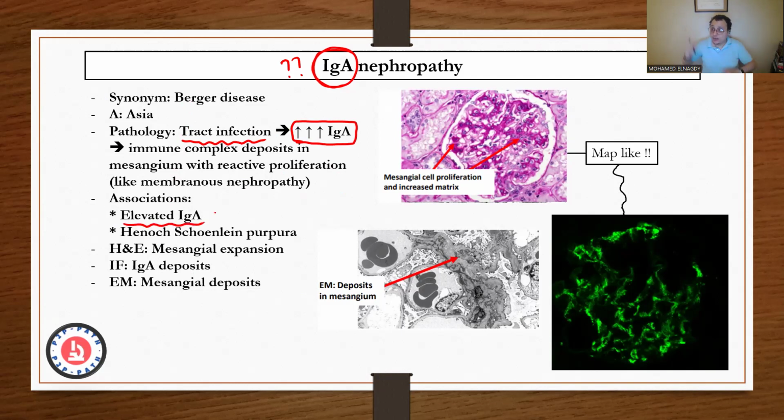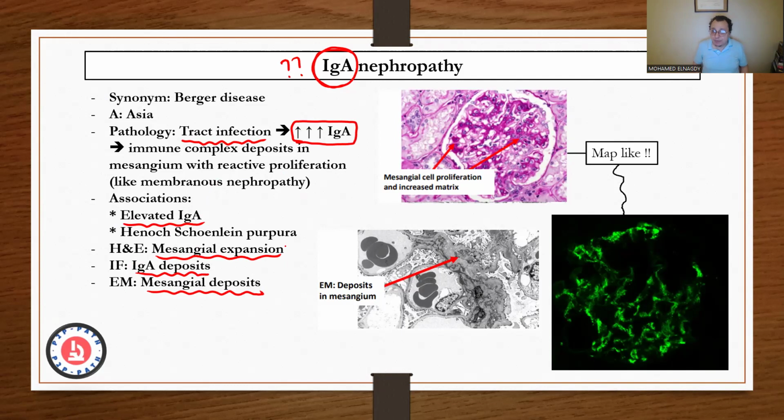That's why we see elevated IgA in the circulation. It starts making immune complexes with the complement and deposits in the mesangium, causing mesangial expansion and mesangial deposits with a granular, or I would say map-like, pattern.